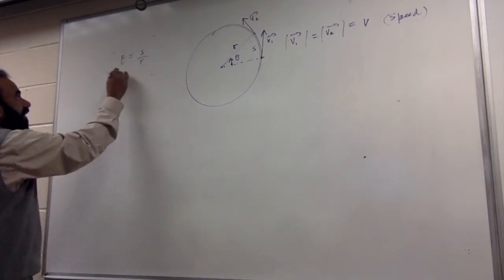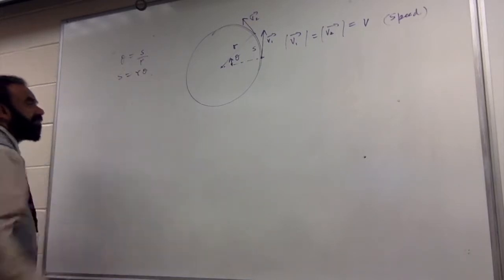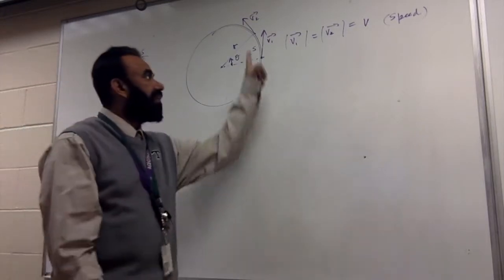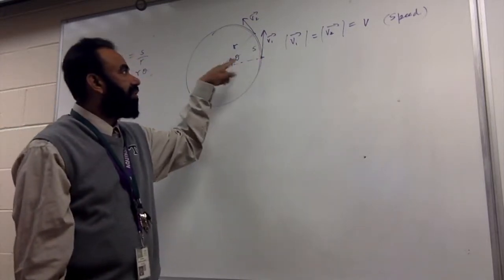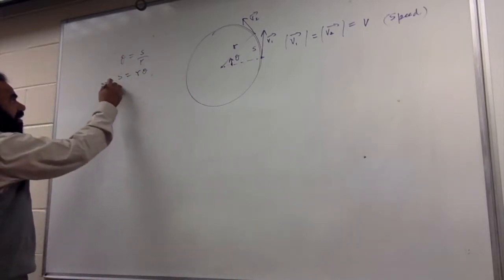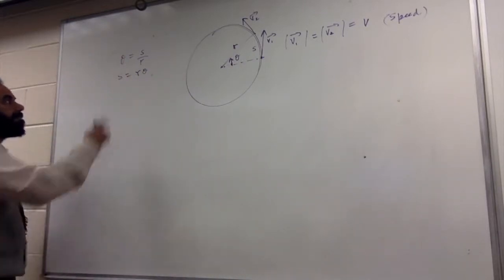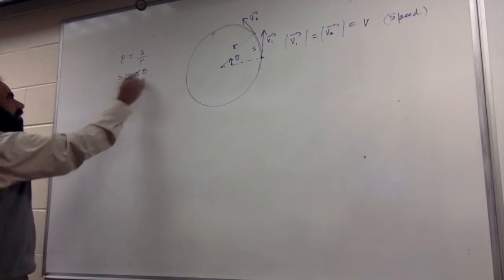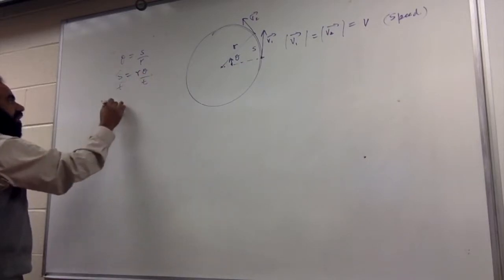If you cross multiply, you get S is equal to R theta. Gives you a connection between how much is the arc length if you know these angles and the radius. Alright. Dividing both sides by time on this equation, we have linear speed.